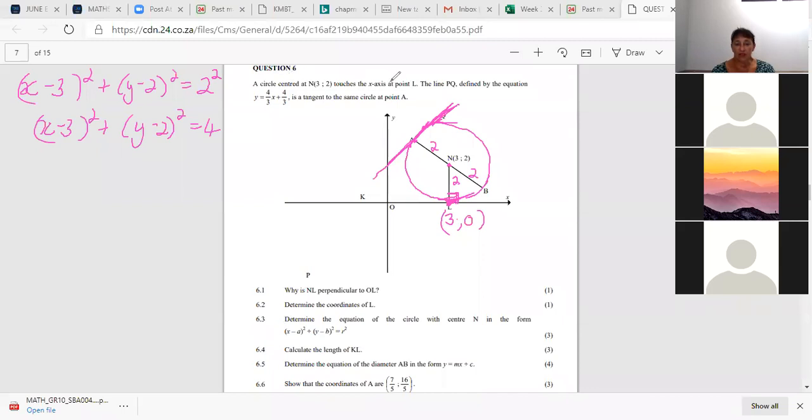It didn't tell you anything about K, right? I'm assuming that it's where this line cuts there. So KL would be the distance from there to there. I'm assuming because they're supposed to tell you and they haven't. They haven't mentioned K anywhere, and this is in a final exam.